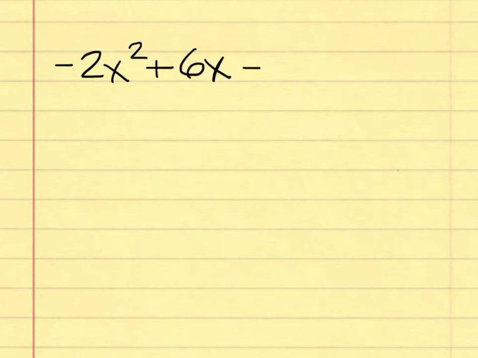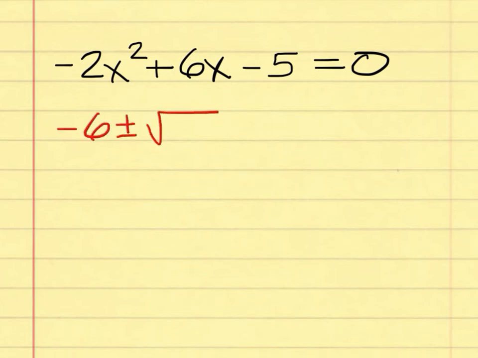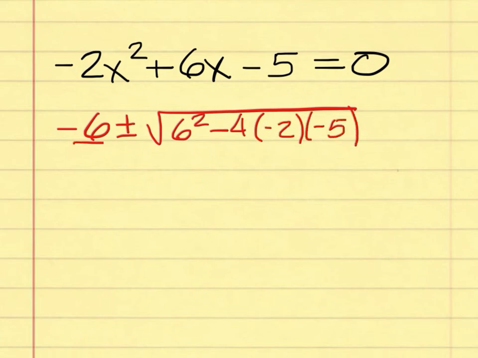This problem is negative 2x squared plus 6x minus 5 equals 0. Using the quadratic formula, you should have negative 6 plus or minus the square root of 6 squared minus 4 times negative 2 times negative 5 over 2 times negative 2.